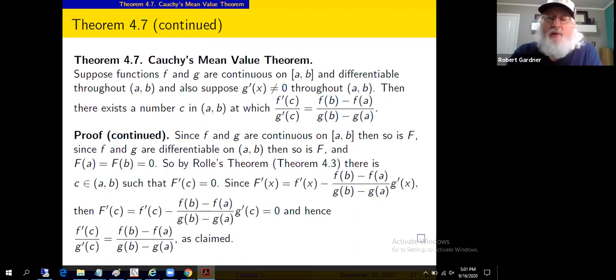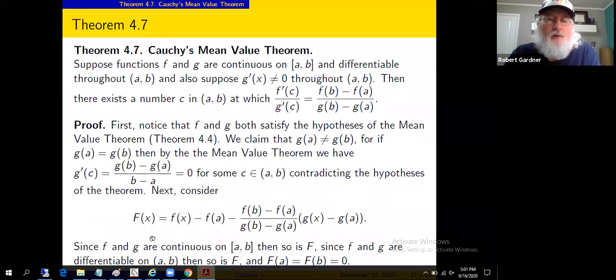So what is capital F prime? Well, let's peek back at F itself and see what happens when we differentiate it. Let me bounce back to the previous slide and find the formula for capital F. Differentiate, we get a derivative there. We'll pick up a prime there. That's a constant, that's gone. We'll pick up a prime there.